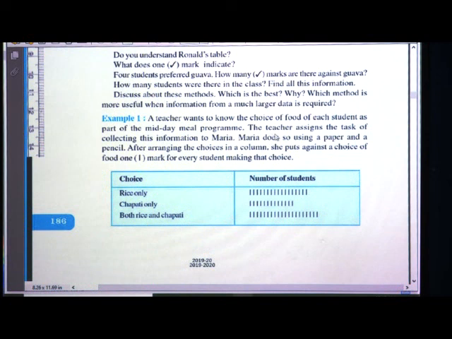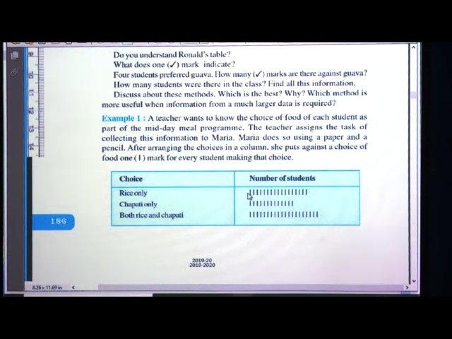Maria does so by using a paper and a pencil after arranging the choices in a column. So, what are the choices? The students who like rice only, the students who like chapati only, or the students who like both rice and chapati. And what she has done, she has just taken a pen, paper and written the choices, and in front of each choice she has put 1 tick for each student, 1 tick.